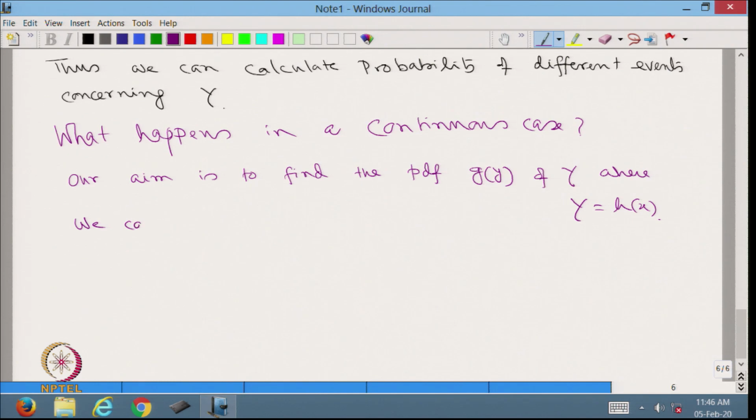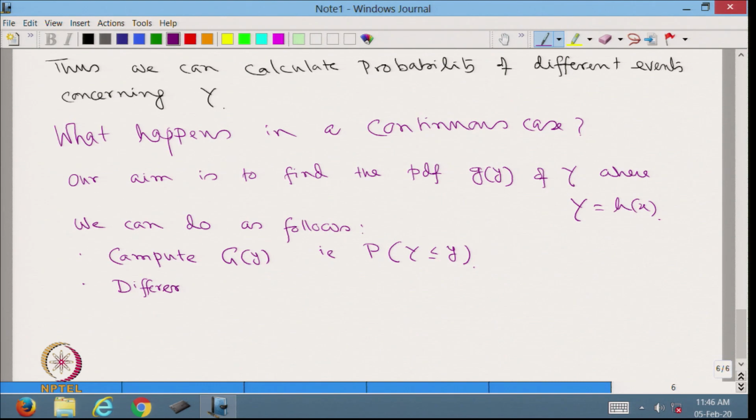One way of doing it is to first compute G of y, that is probability Y less than equal to y. Differentiate G_y with respect to y to get g_y.